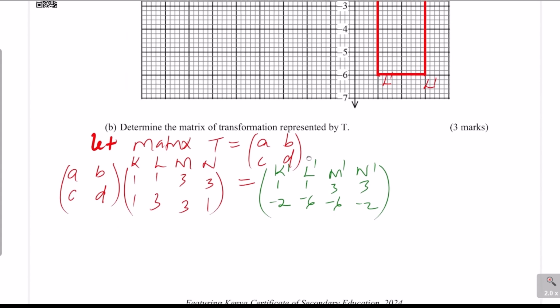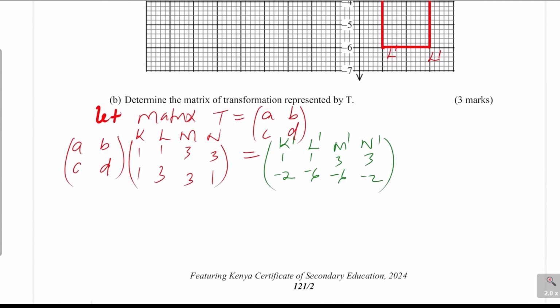Now after doing that, you don't need to multiply everything, so you're going to just multiply up to this point. Let me guide you here, up to this point. You don't need all of them for you to get A, B, C, and D.